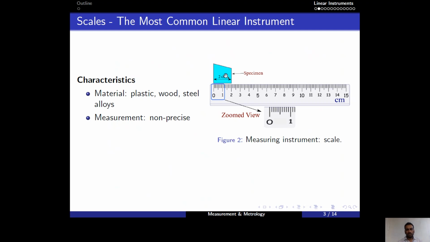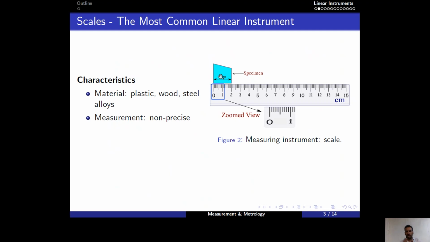If I want to measure one of its dimensions, or this length of the specimen, how can I do that? I will place my scale parallel to my specimen and look at the dimension. My specimen is 2 centimeter in length. This is what I already specified.